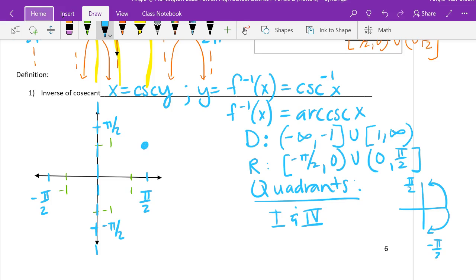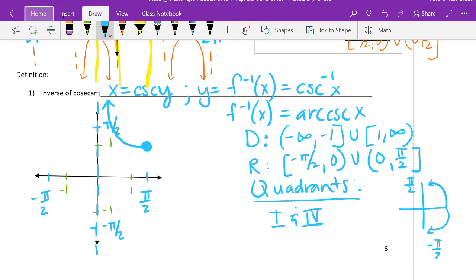Yep, pi over 2, 1. There's 1 dot. With 1 dot, how do you know where you're going? Curving towards what? The asymptote. That's why we have an asymptote. It approaches that. Okay. So that's all you are doing on the right.